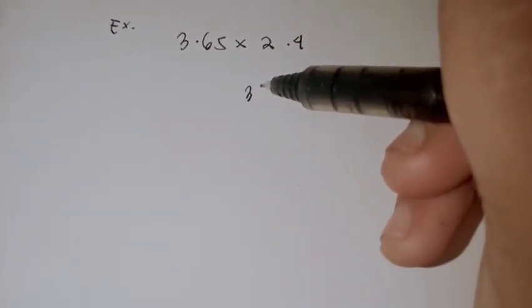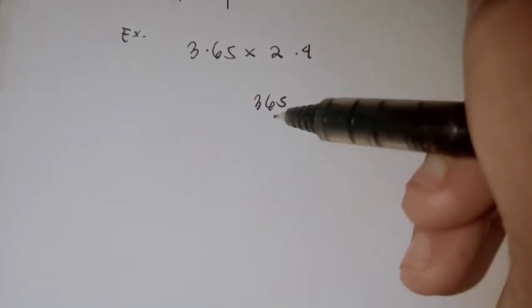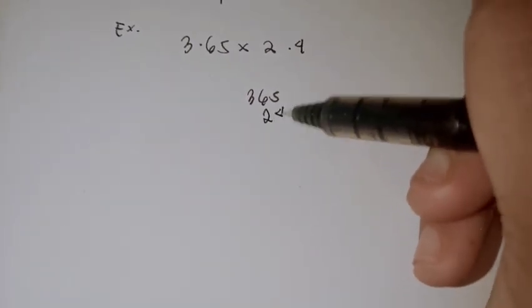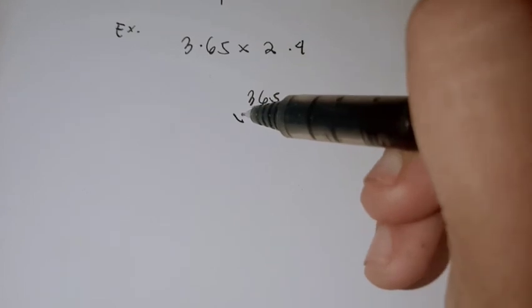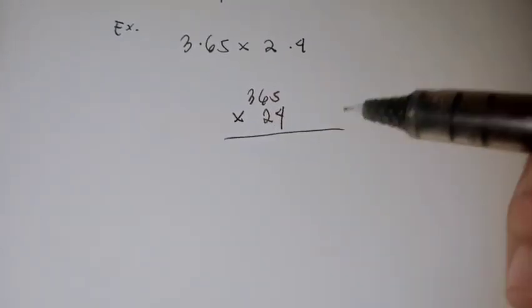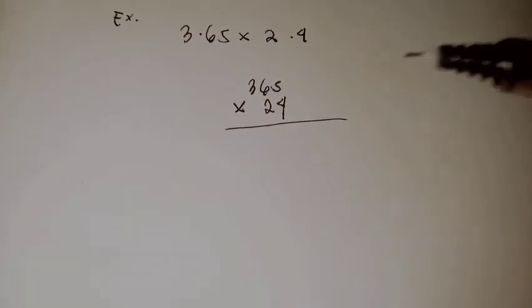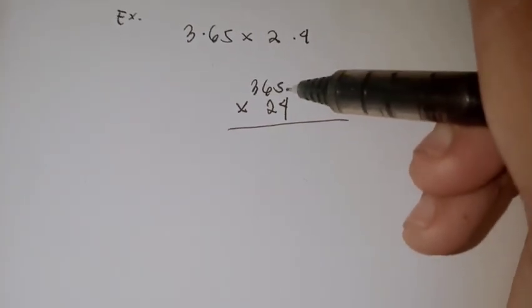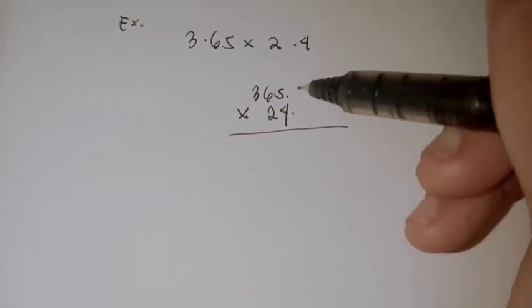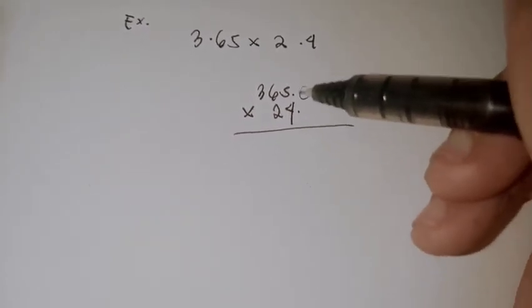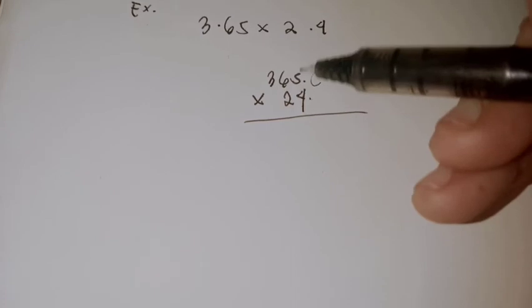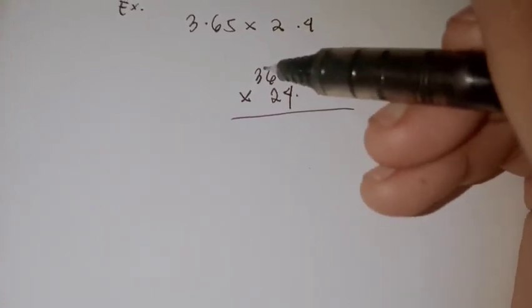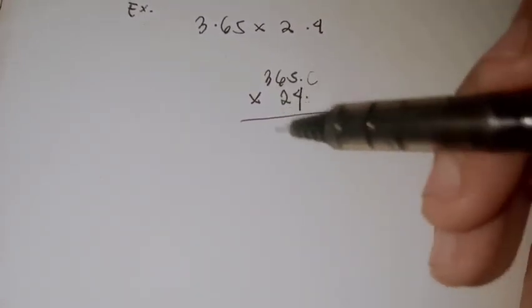Okay, we will write it. The whole number is there, but it moved right up to here. So since there's no point, we will not put the 0. So now we will multiply the numbers.